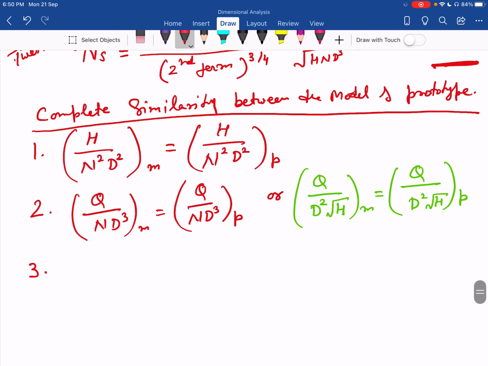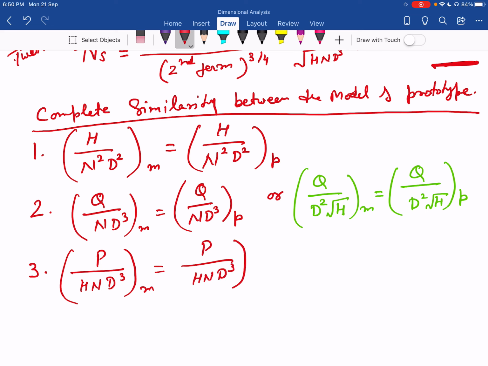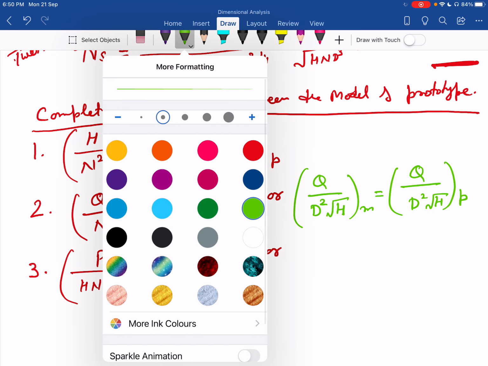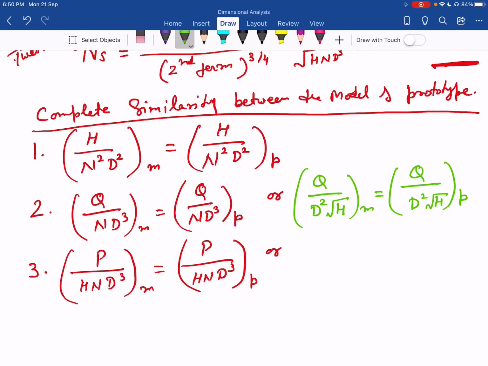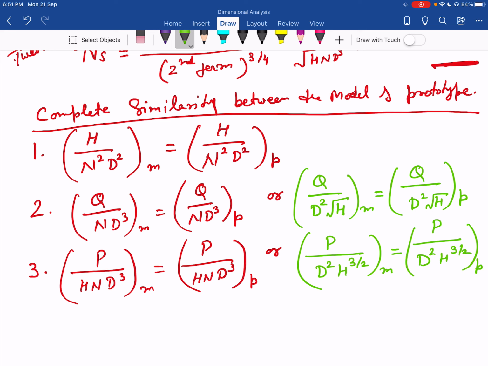So I write it as p upon h n d cube for model equal to p upon h n d cube for prototype, or p upon d square h raised to power 3 by 2 for model is equal to p upon d square h raised to power 3 by 2 for prototype.